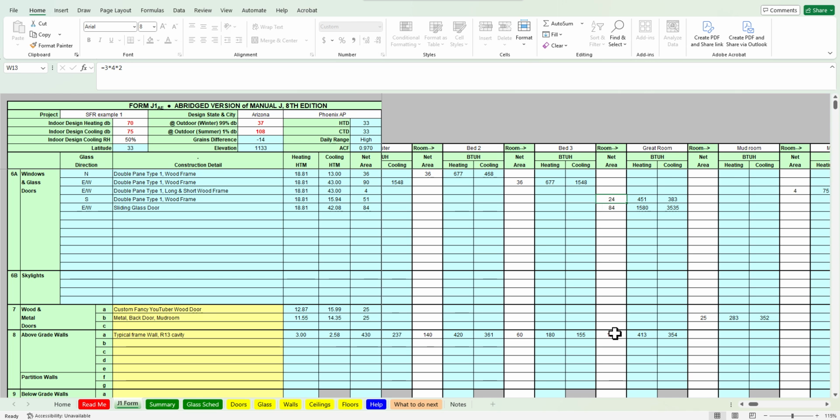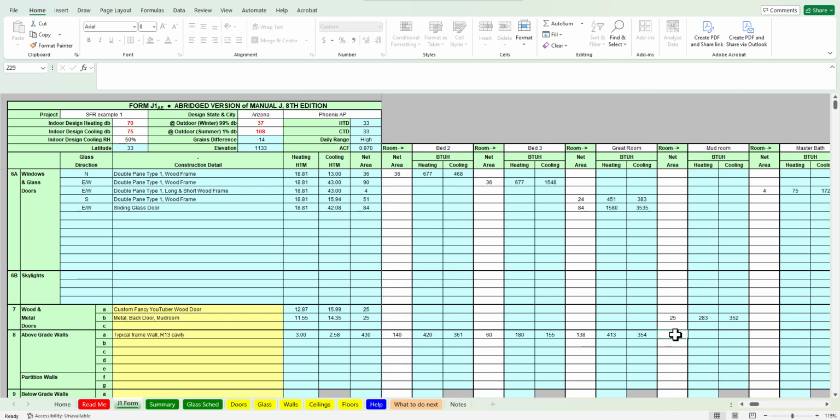So it would be incorrect to say that the wall area would be, for example, if I get rid of these from the formula, 246 square feet is incorrect, because really I need to be subtracting this and this, and so we end up with 138, a little bit less, meaning that the net wall area is going to be less. Okay, I hope that makes sense. I hope that's clear to everyone. And if not, please just drop a comment.